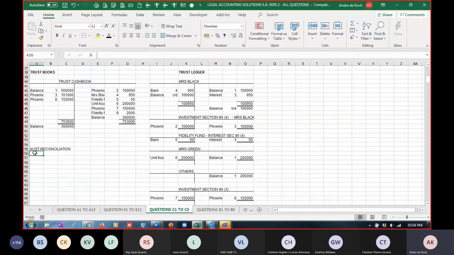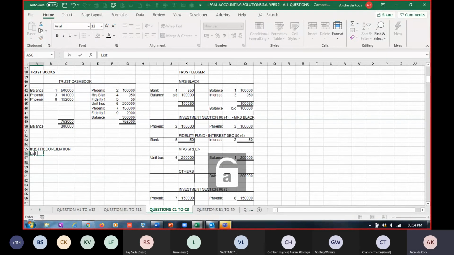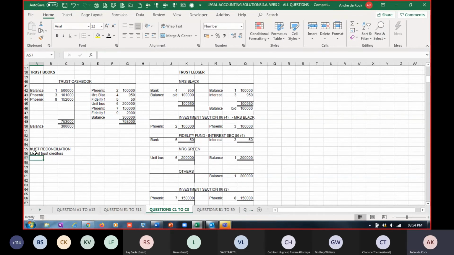The trust reconciliation. So I'm going to have a list of trust creditors. What I'm trying to do here is say, if this had been asked, so that when you come to do this tomorrow, you know exactly what to do. I'm just doing it with question 2. The list of trust creditors here, who would it be? It's Mrs. Black.